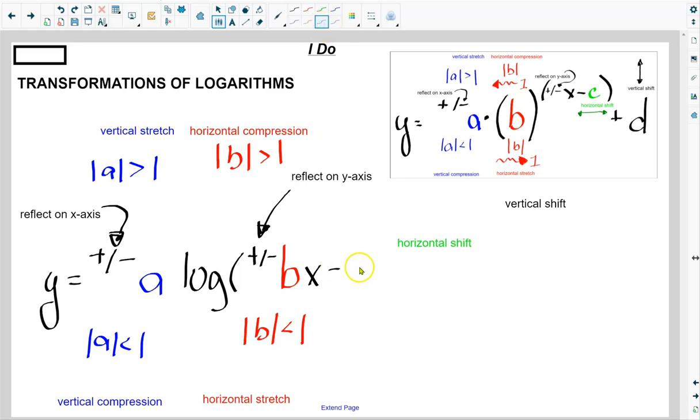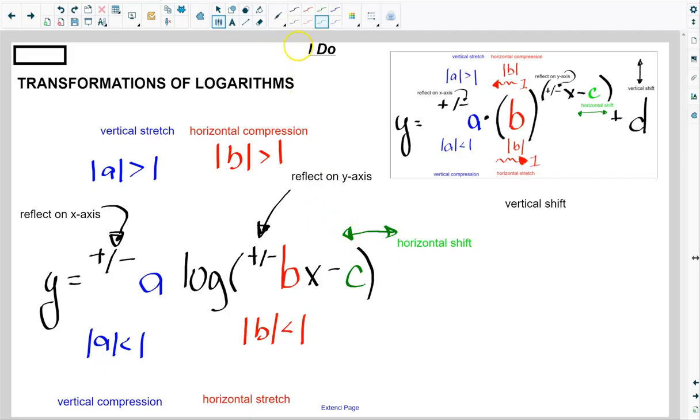And here in green, we're going to have c. Excuse me. So let's go ahead and draw us a little arrow here. Or rather, horizontal shift.